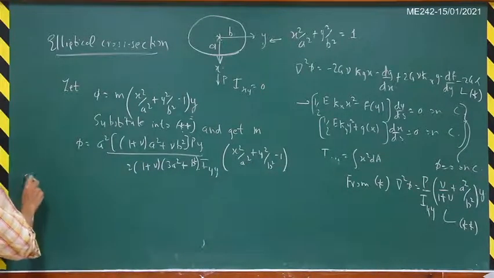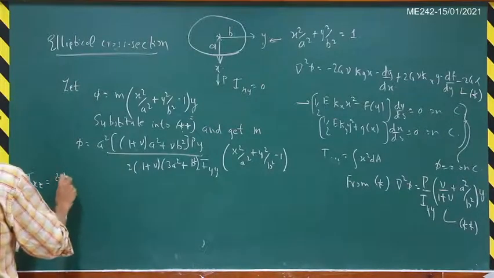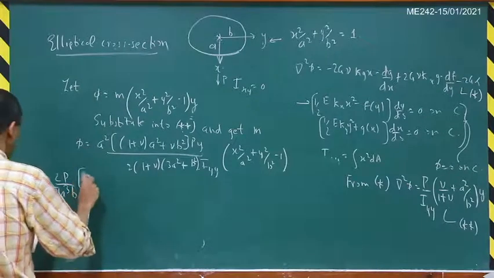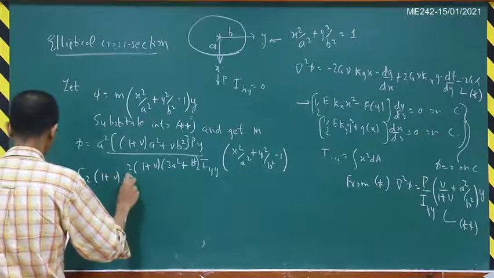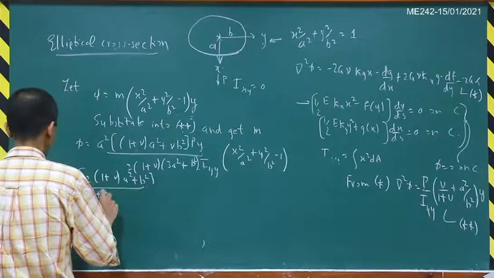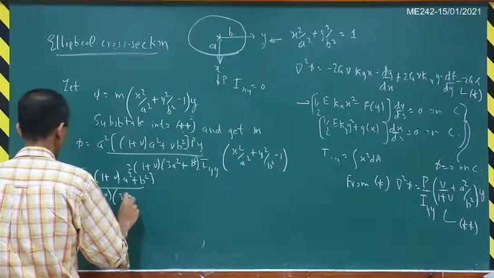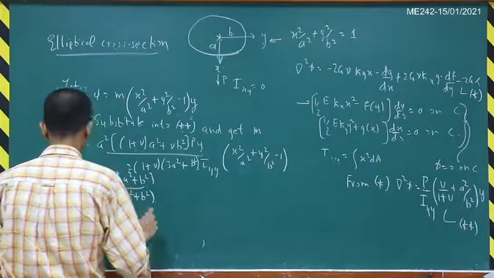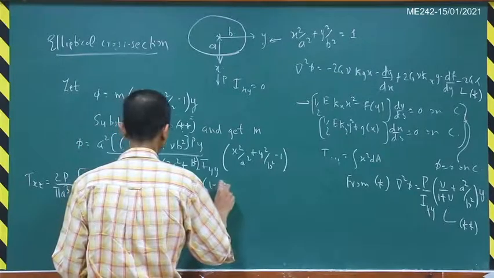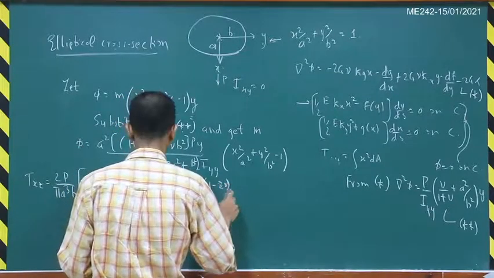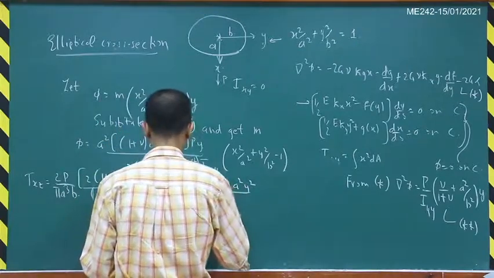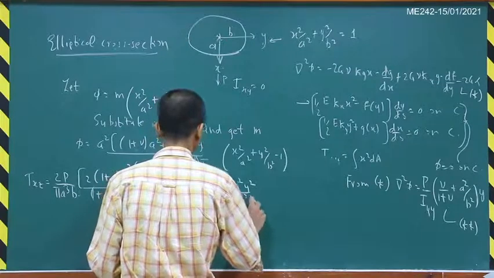So you get that tau xz is equal to 2p divided by pi a cube b times 2 into 1 plus mu times a square plus b square divided by 1 plus mu times 3a square plus b square, times a square minus x square, minus 1 minus 2 nu times a square y square divided by 2 into 1 plus mu times a square plus b square.